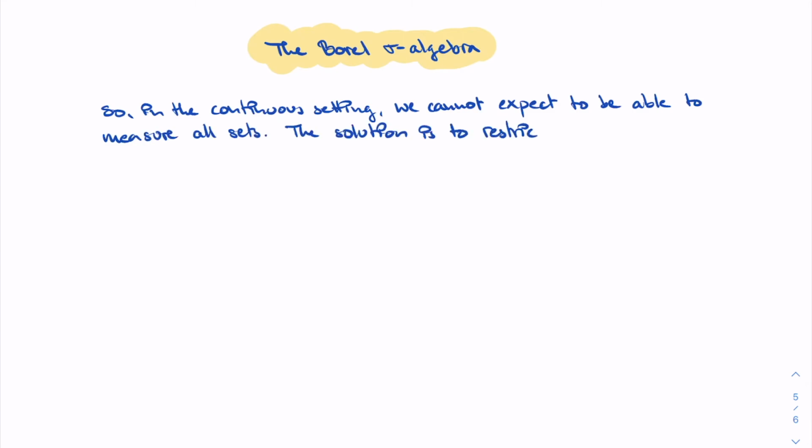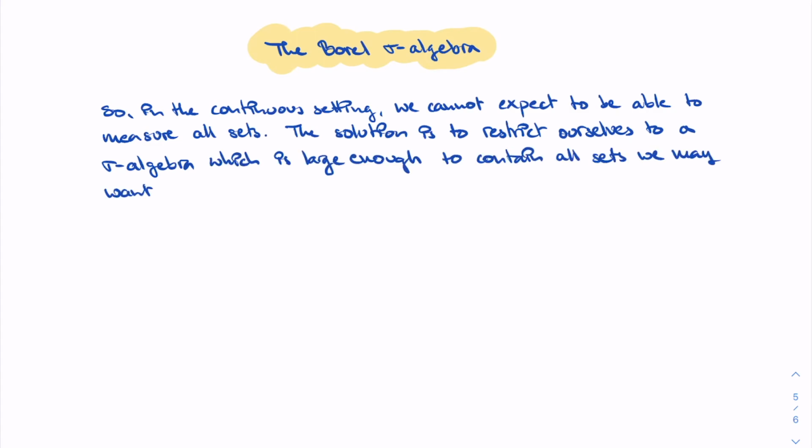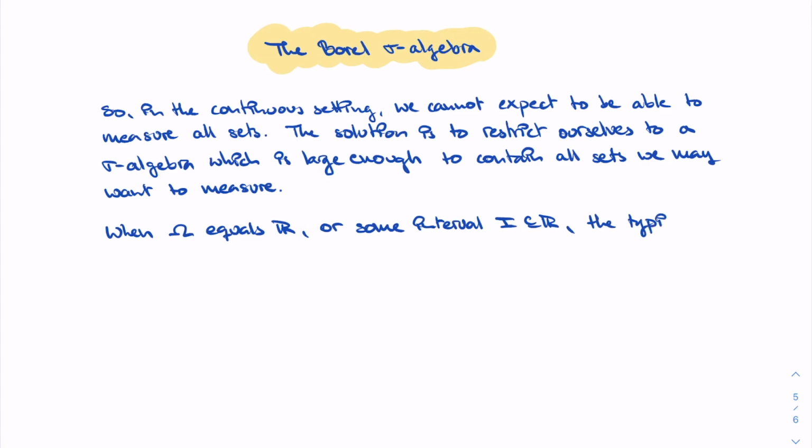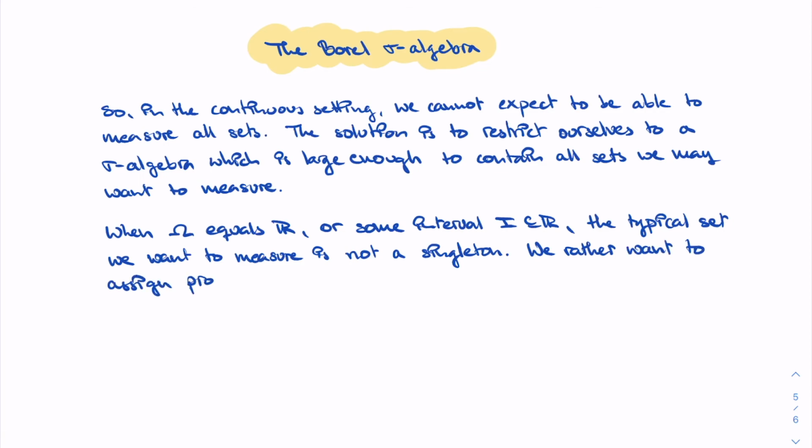The solution is to restrict ourselves to a sigma-algebra which is large enough to contain all sets we may want to measure. When omega equals the real line, or some interval on the real line, the typical set we want to measure is not a singleton. We rather want to assign probabilities to intervals.